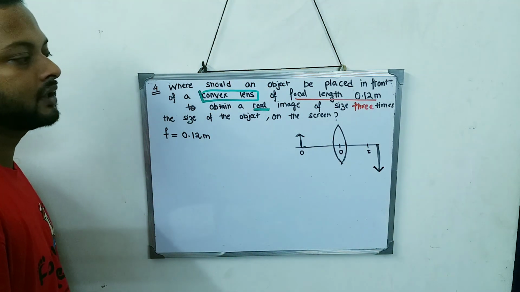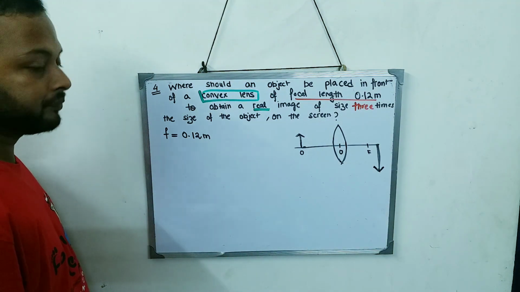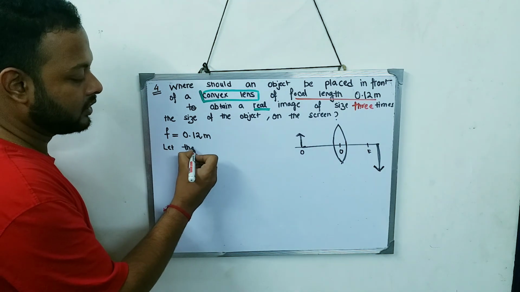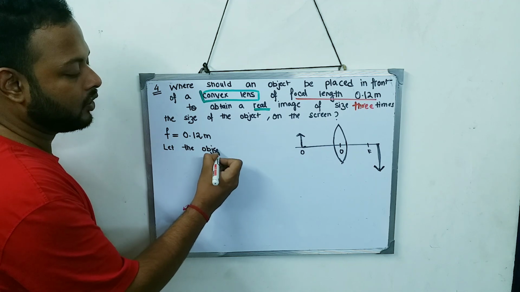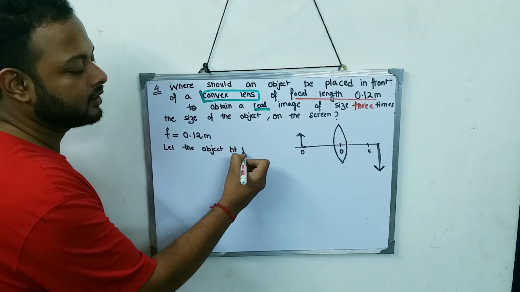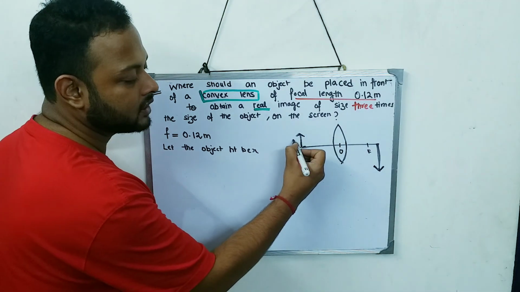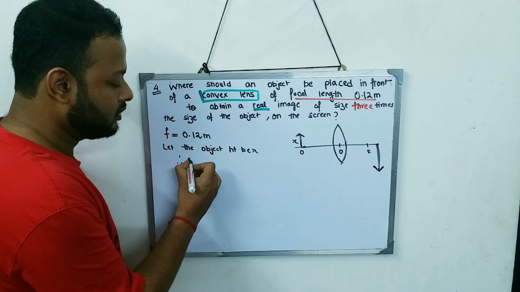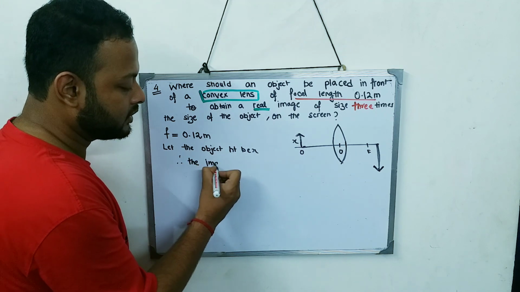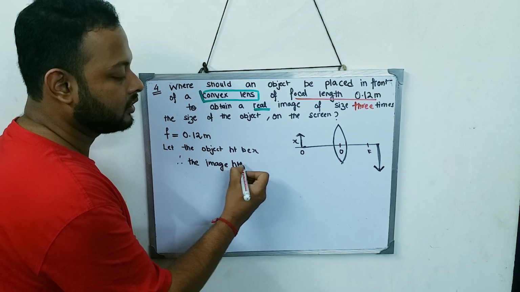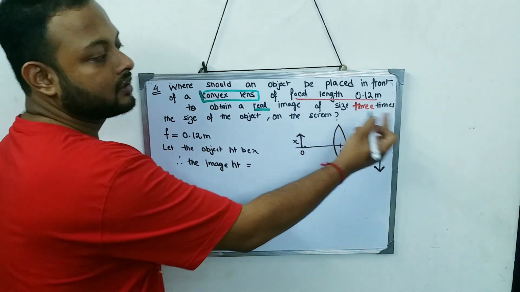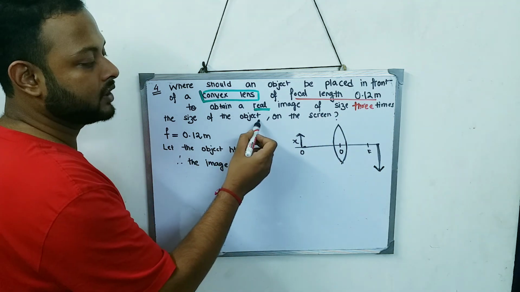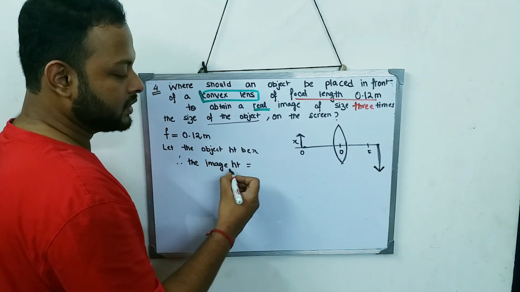If I take the object height to be x, then what is the image height? You can see the real image is 3 times the size of the object. So real image height will be how much?